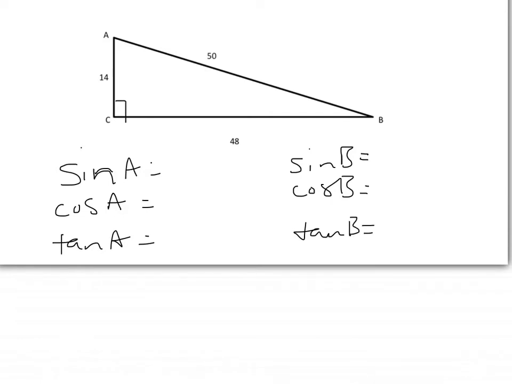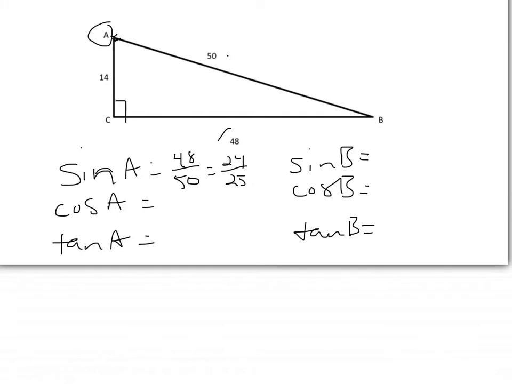All right, so in order to find the sine of A, remember that the sine of A is opposite over hypotenuse, so the opposite side is going to be this 48, and the hypotenuse is going to be 50, so we're just going to have 48 over 50. Okay, and then we can reduce that, and we're going to get 24 over 25. Okay, the cosine of A, remember we're going from angle A up here.